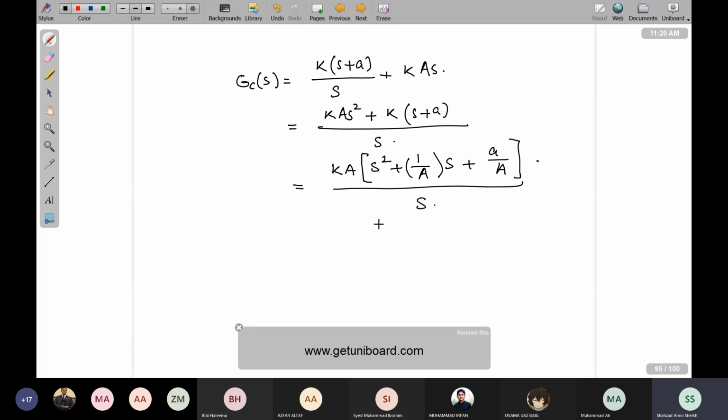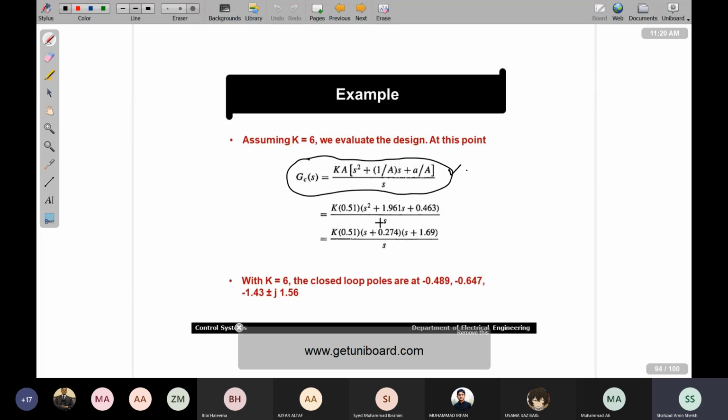Divided by s, and now the format we have obtained.